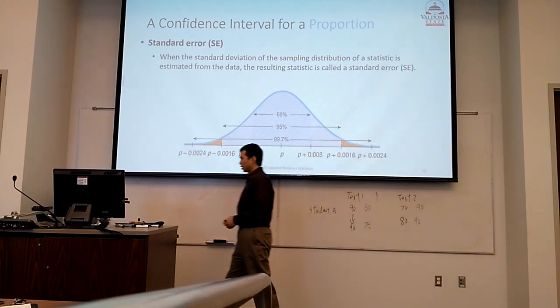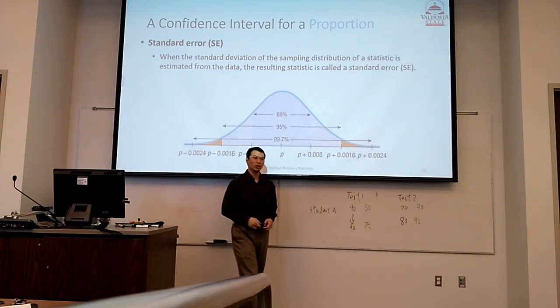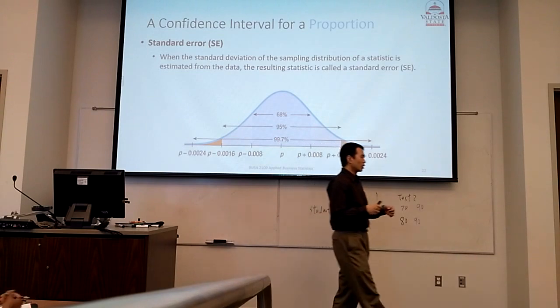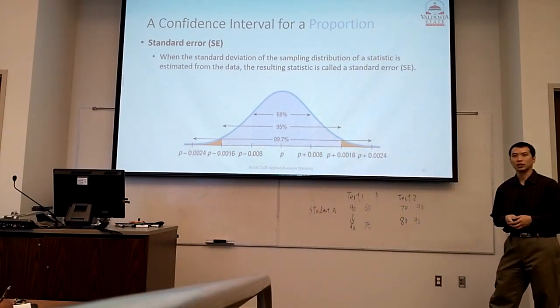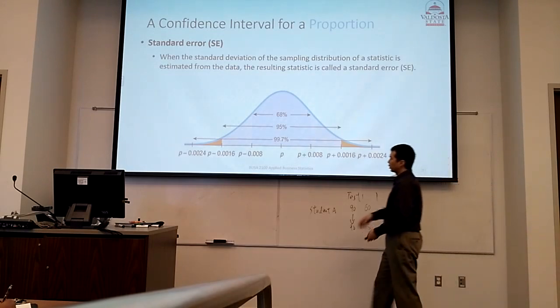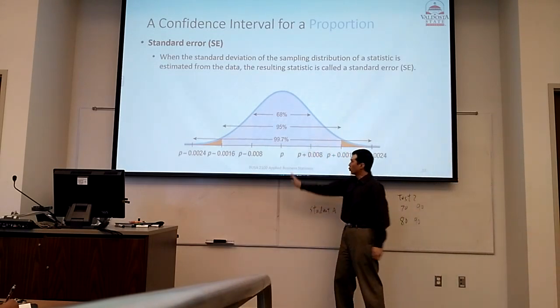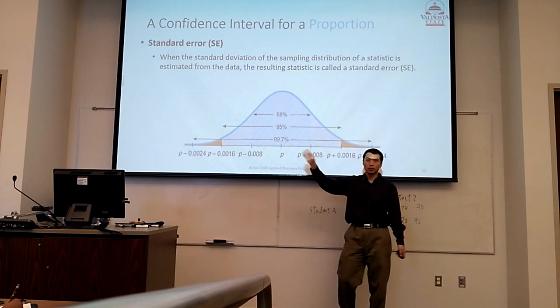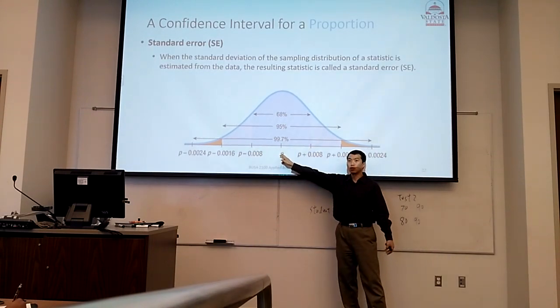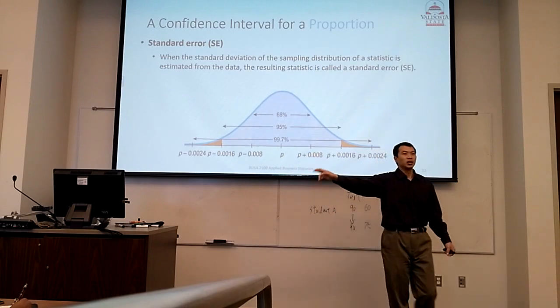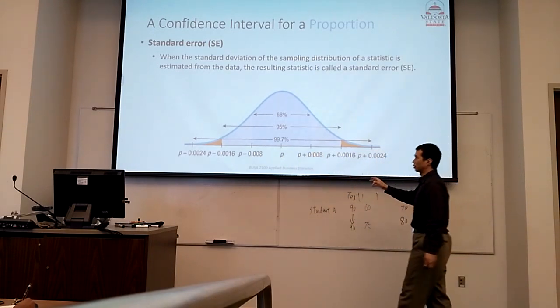So how do we use this standard error? We know this standard error is a kind of standard deviation. If we look at this figure, this is our population parameter, but we don't know it. We only use p here to denote the population parameter.